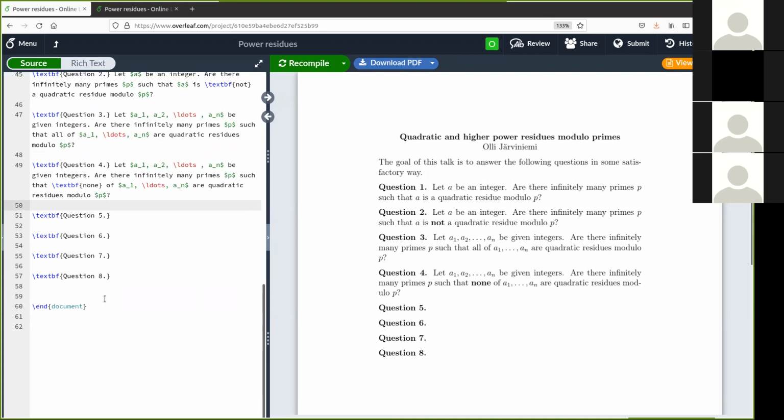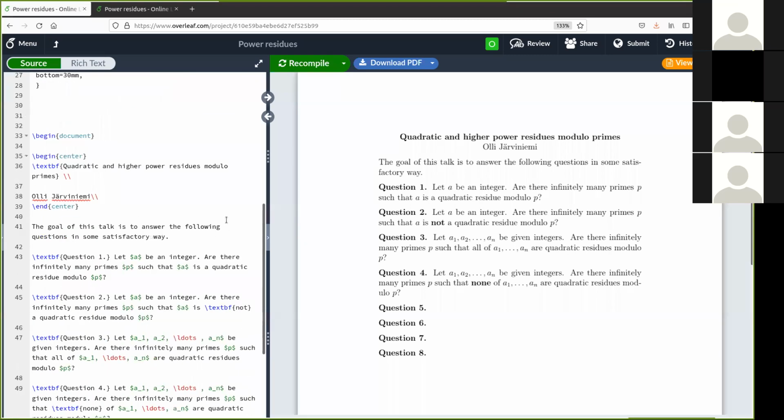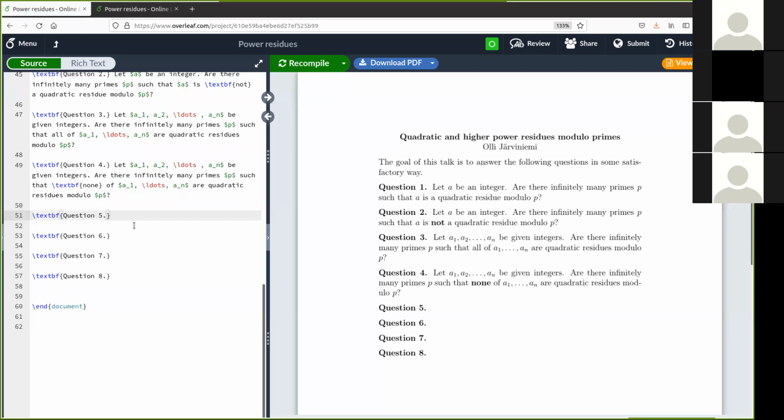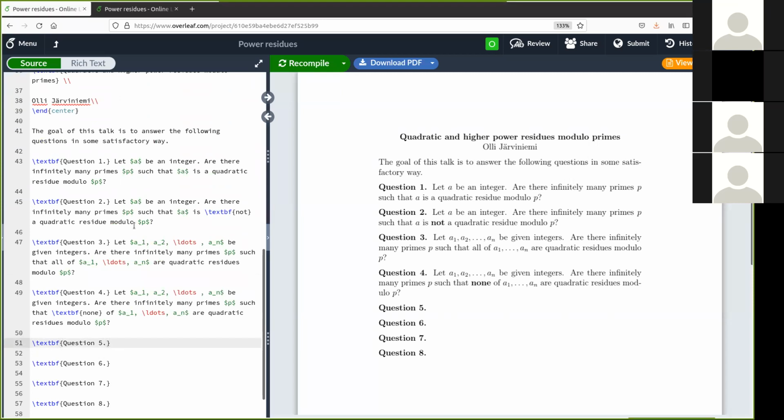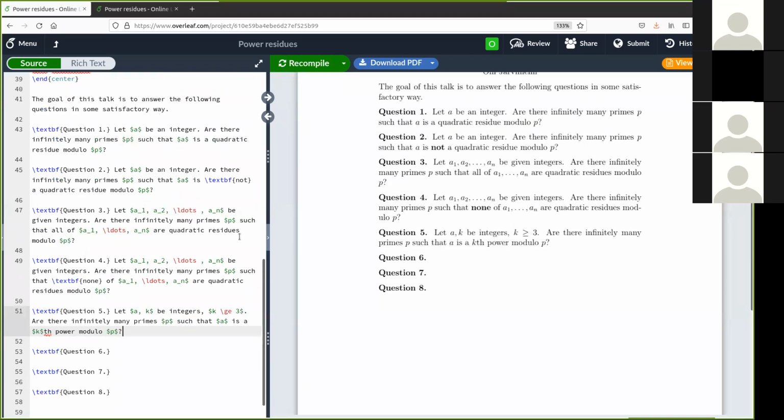And this is the quadratic part of the talk. Then we'll ask the corresponding questions for general power residues. Question 5 is a variant of question one for higher powers.